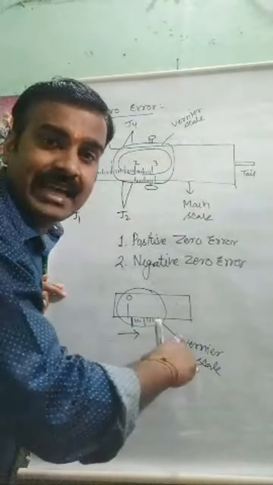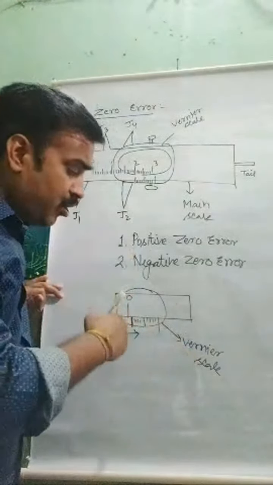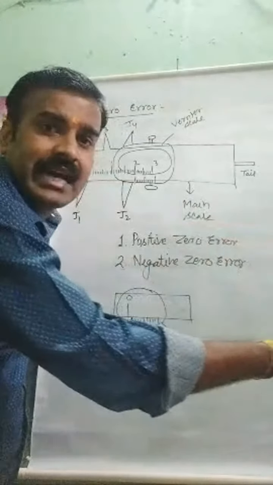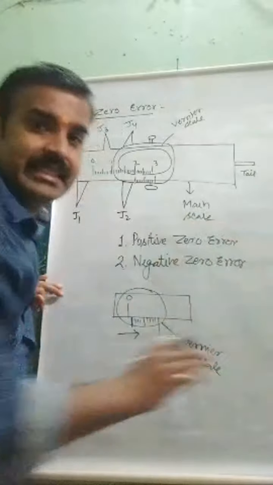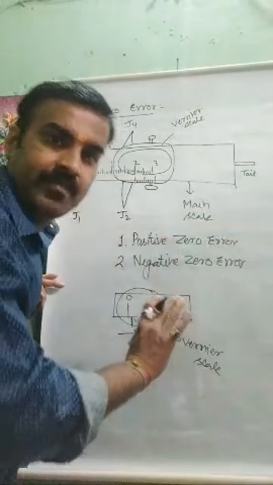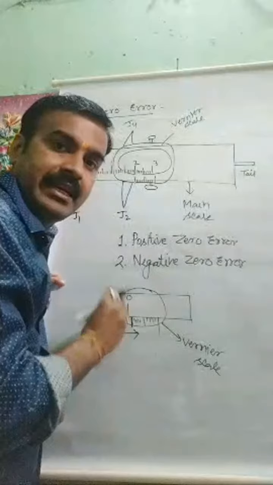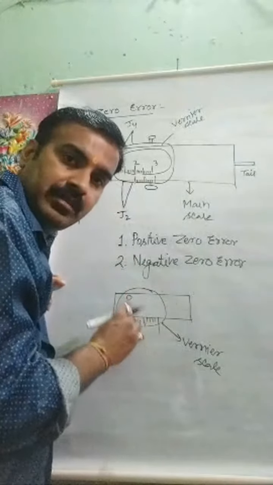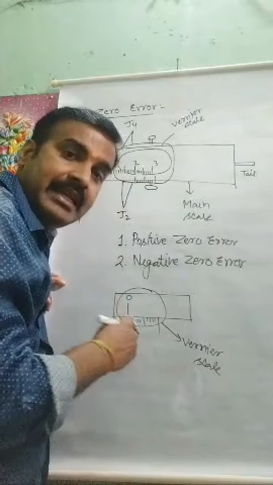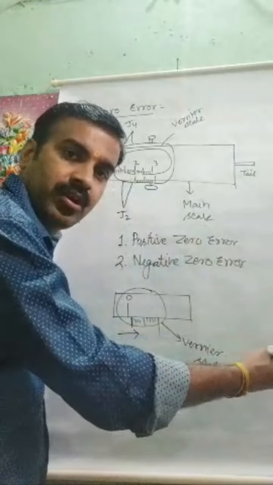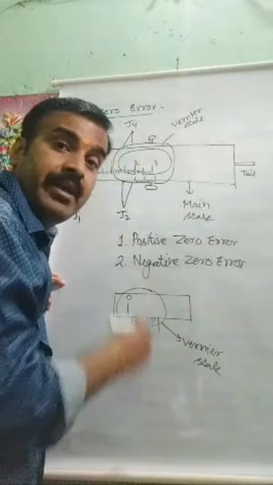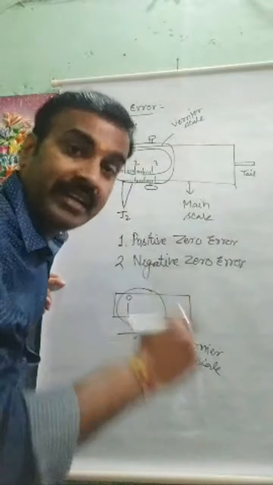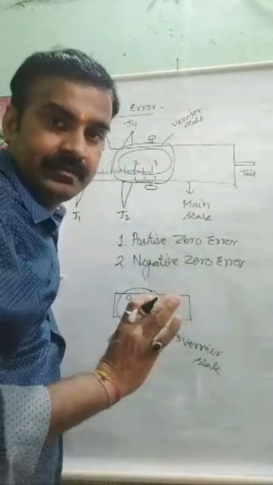If the very first division of the Vernier is going right hand side of the zero of the main scale, it will have the positive zero error.